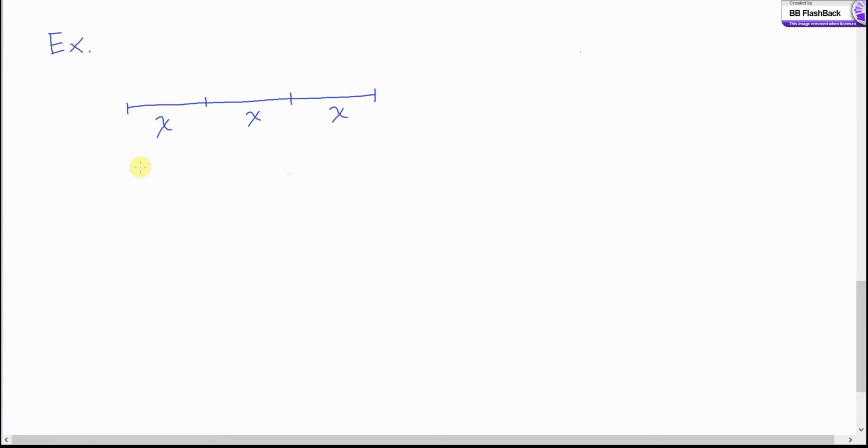X plus x plus x. How can we simplify this? Well, we just said you have three x's. 3x.